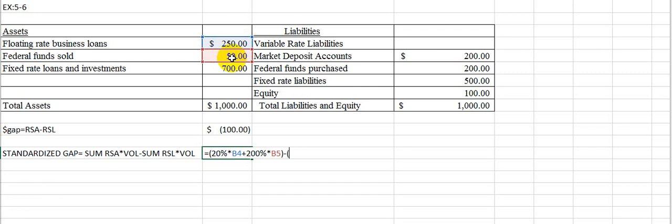Now for the sensitive liabilities, the federal funds purchased and the money market deposit account.